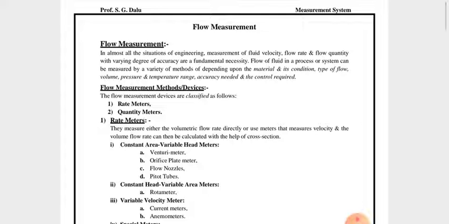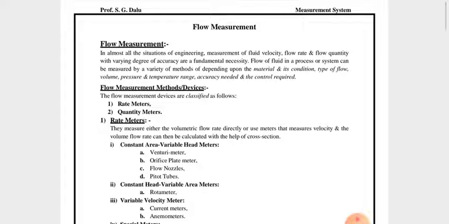On that basis, different methods are used for measurement of flow: type of flow, volume, pressure, and temperature range, accuracy needed, and the control required. So on that basis there are different methods to be adopted.